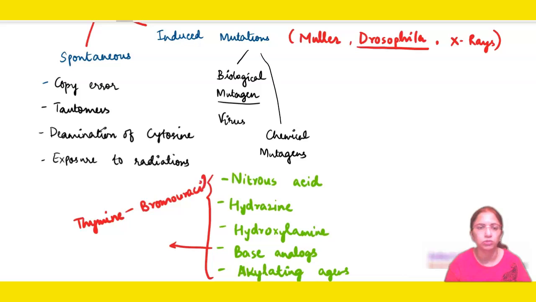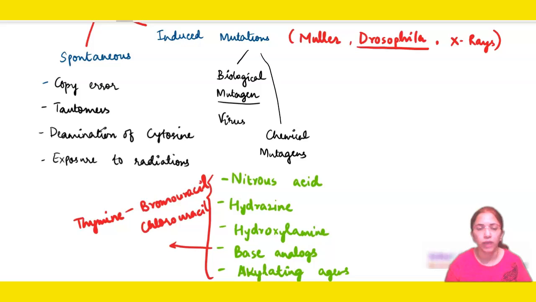And this bromouracil will not bind to A. However, it can bind to C or G. That means the base pairing rule has been violated, because bromouracil was never part of DNA. We have never studied it. Okay. So bromouracil or sometimes chlorouracil can also form. This will not bind to adenine, rather it will bind to cytosine or guanine.